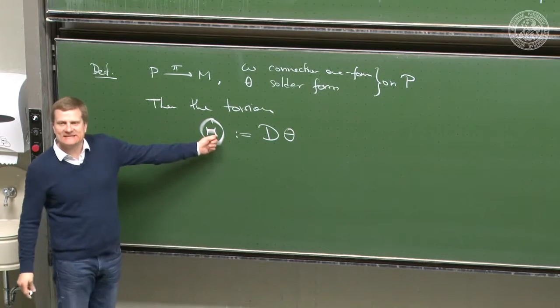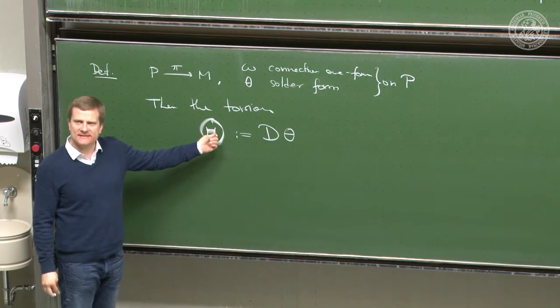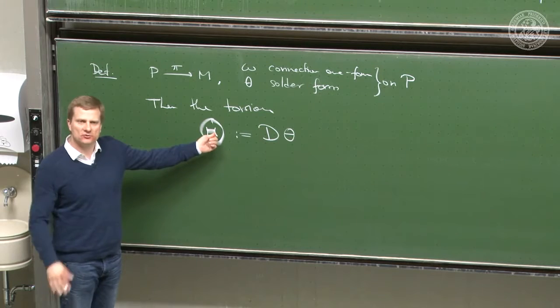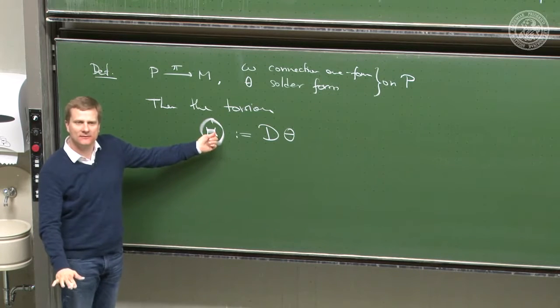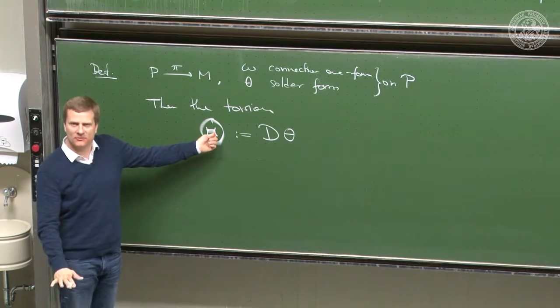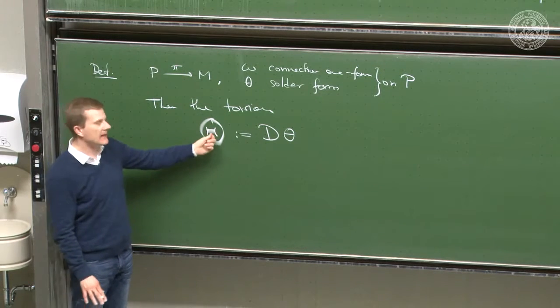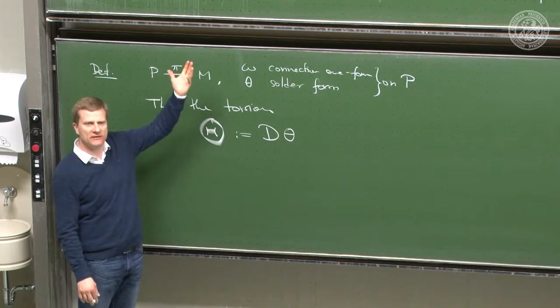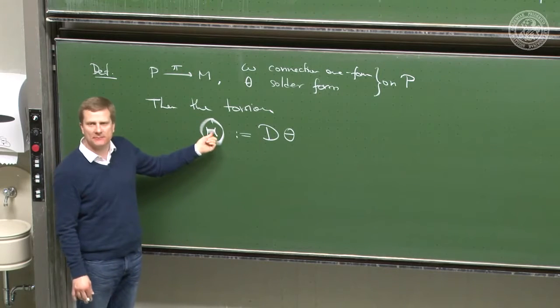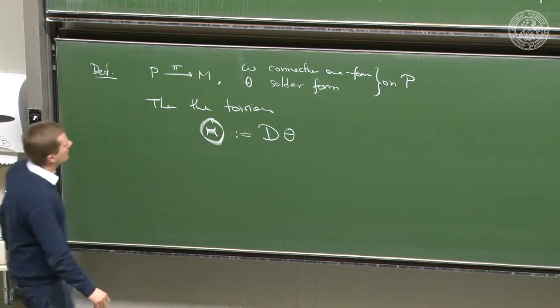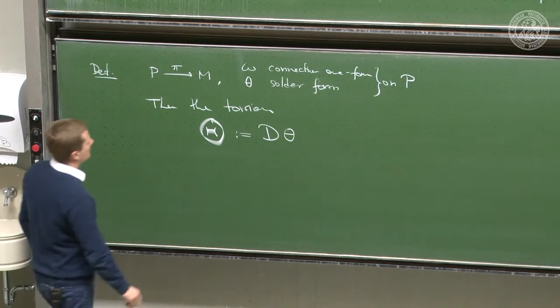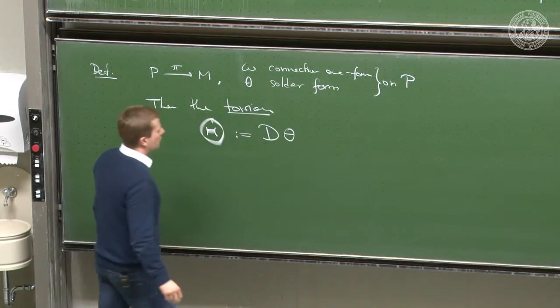I could have called this T, like torsion, but the T is reserved for the torsion once you push it down to the base space, but this is again up there on the principal bundle. Hence, like for the curvature, where we have the capital Ω, here we have the capital Θ. Then the torsion is defined as such, and what is it?